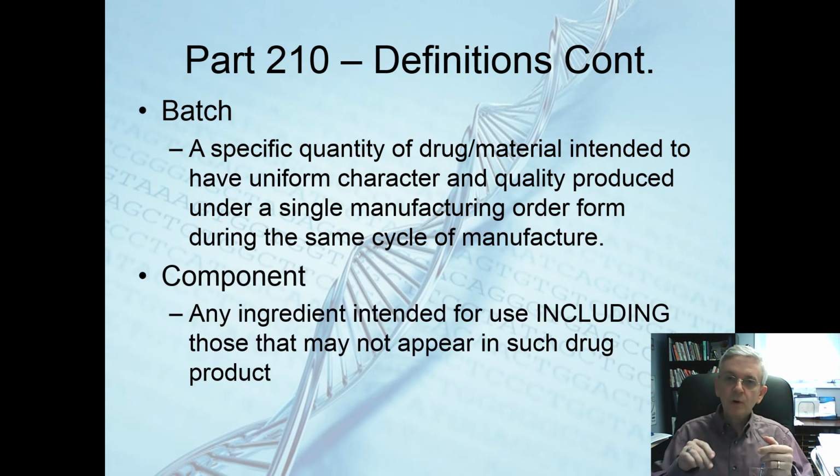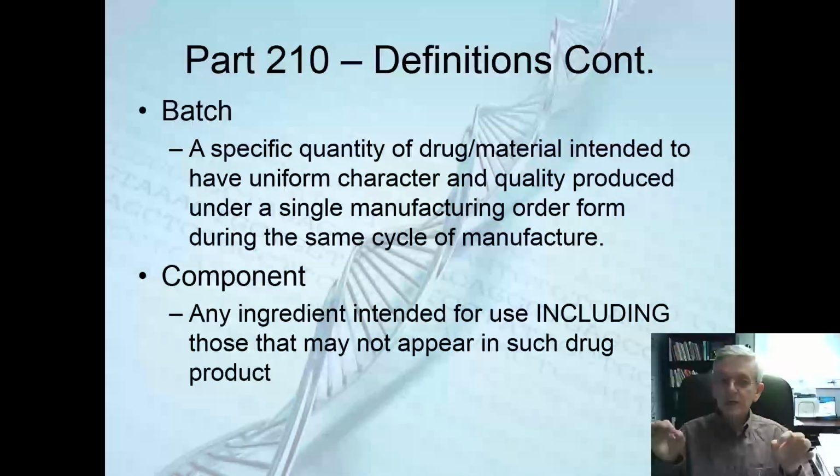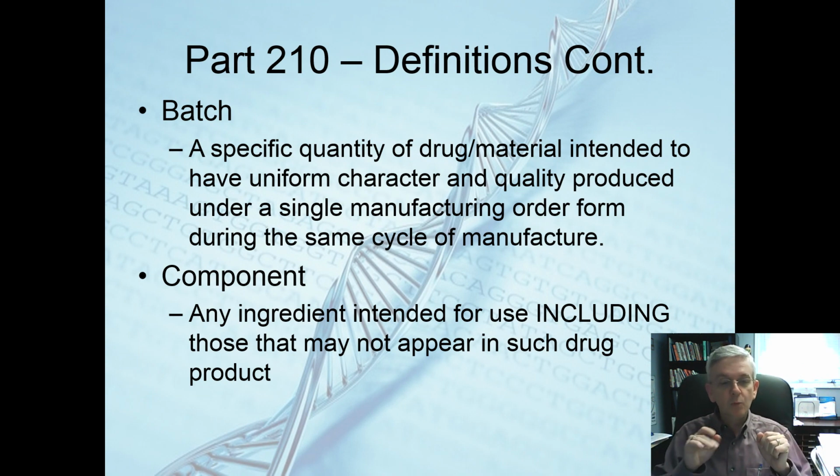The next one is a component. I'll let you look at that one there. It's any ingredient intended for use, including those things that may not appear in that drug product. What may I be talking about with this? That would be many times, if you think of water. If you have a dry product, anything that may be granulated, wet granulation, that you put water or some type of liquid into it and it's dried off.